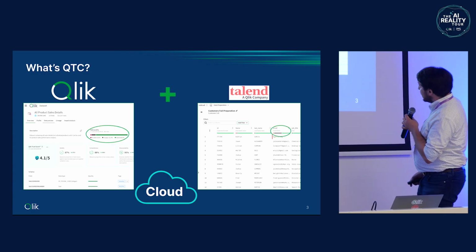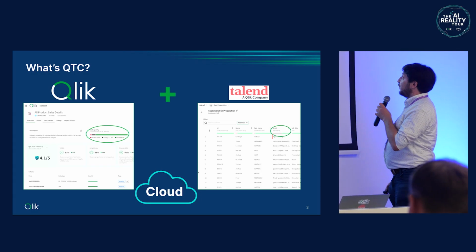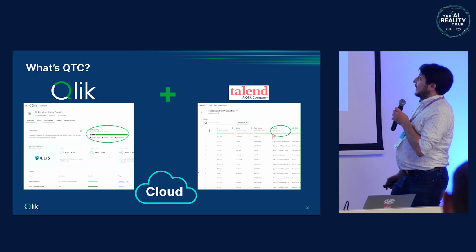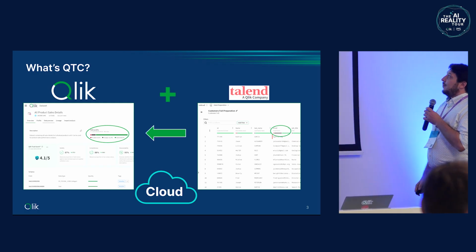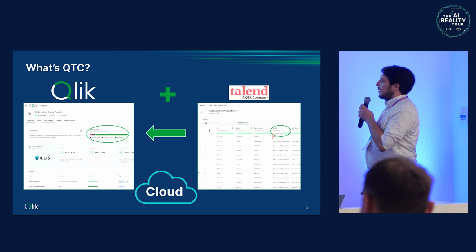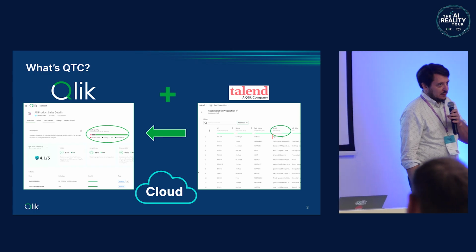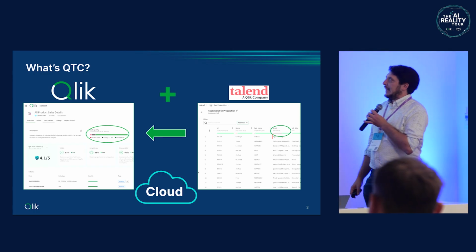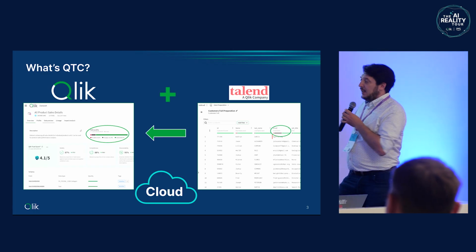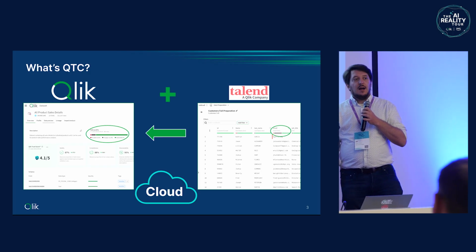And within Talend, you have a lot of data quality things you can do. As you can see, it resembles the same look. You have the same red, black, and green. That's because everything you find in Qlik Cloud right now is taken over from Talend Cloud step by step.